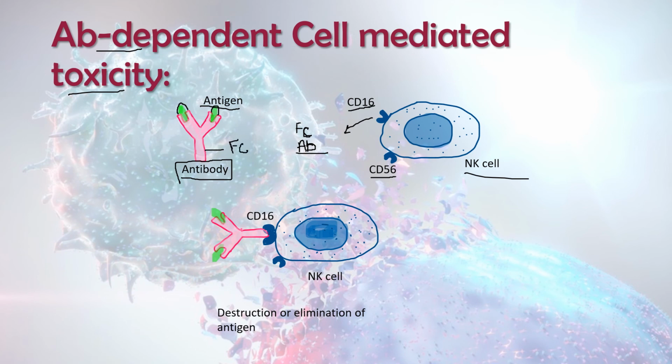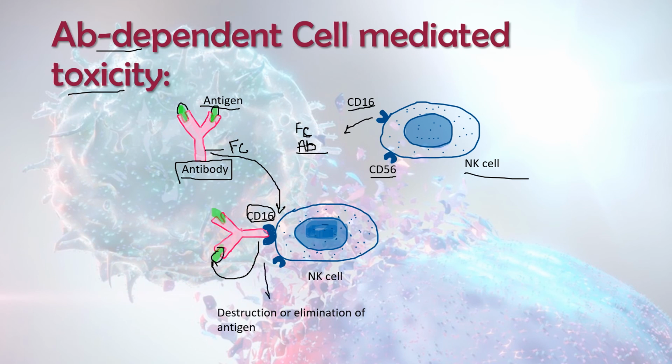Okay, so this antibody binds to the antigen, forming an antigen antibody complex, and this one is the Fc portion of the immunoglobulin or antibody. As soon as it binds to the antigen, it binds to the CD16 marker of the natural killer cell, which ultimately leads to the destruction of the antigen bound to the antibody.